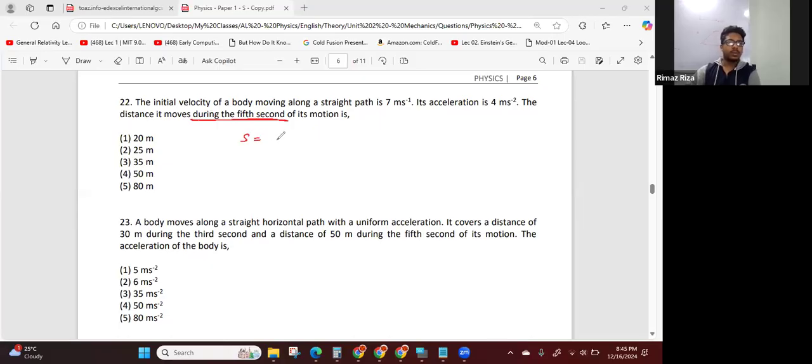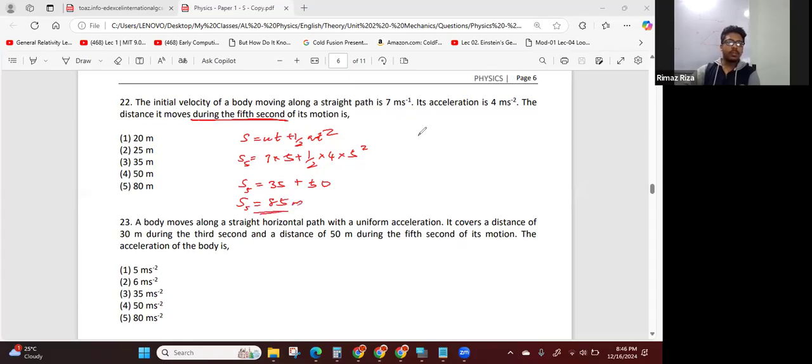So here s equals ut plus half at square. So x equals u is 7 into 5 plus half into 4 into 5 squared. Therefore x equals 35 plus, if you simplify this, you get 50. So that is x5, the displacement after 5 seconds. So it will be 85 meters.